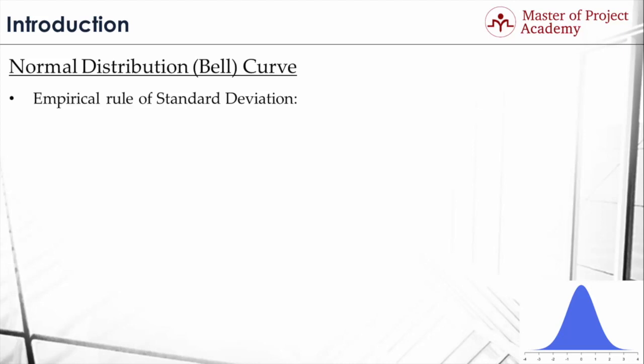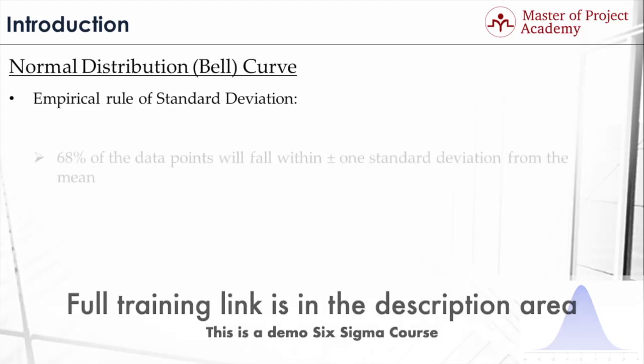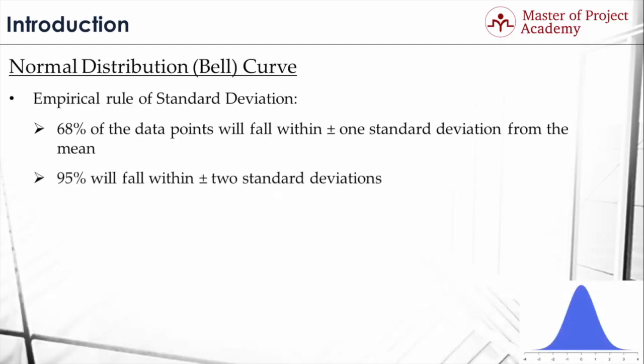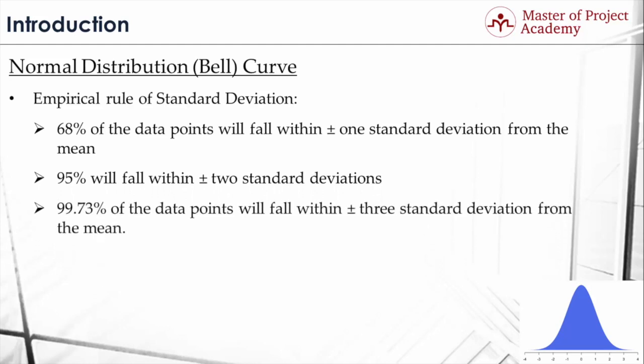It says in a standard normal distribution, 68% of the data points will fall within plus or minus 1 standard deviation from the mean. 95% will fall within plus or minus 2 standard deviations, and 99.73% of the data points will fall within plus or minus 3 standard deviations from the mean.